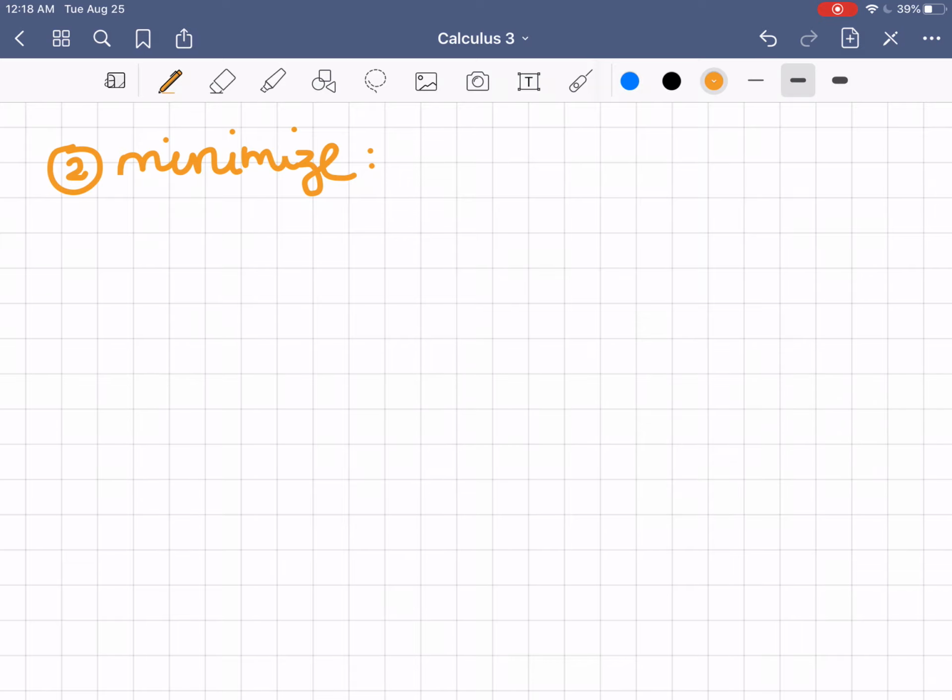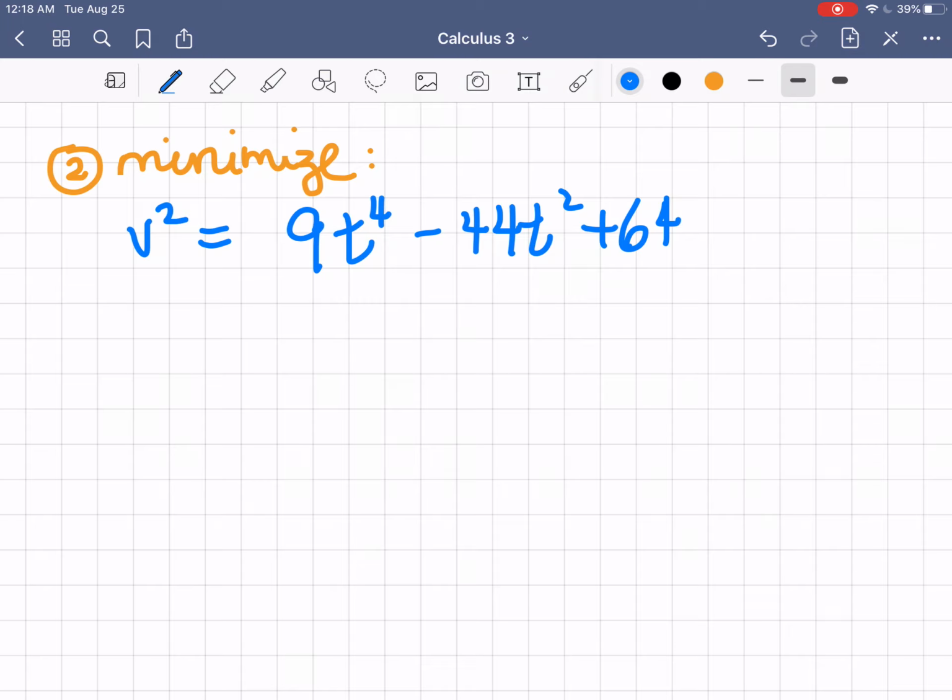Okie dokie. We want to minimize v squared, which is 9t to the 4th minus 44t squared plus 64. How do we minimize?